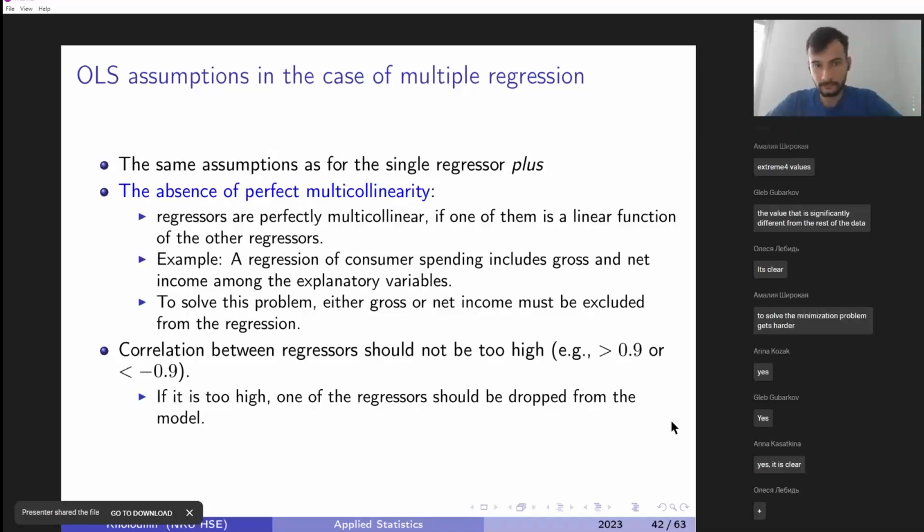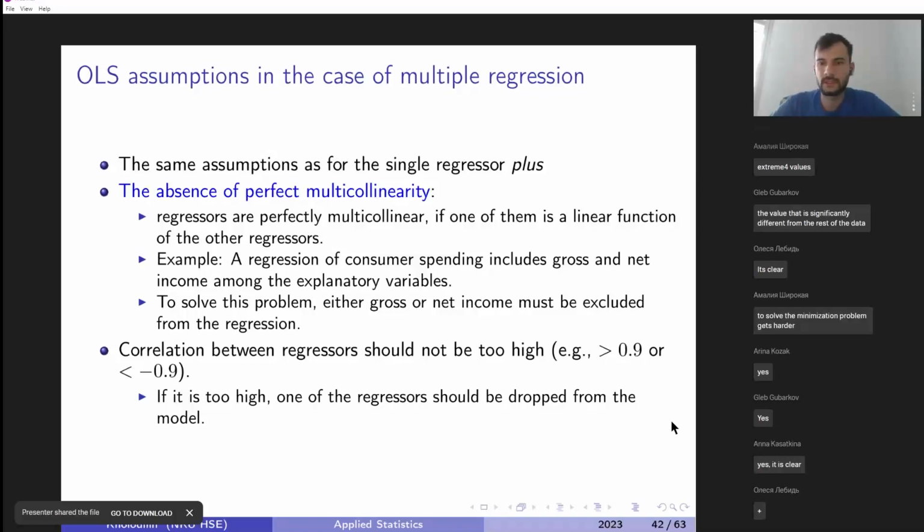And then we need to check that there is no strong correlation between different regressors. I think you can already guess one example of such a case. We already discussed one about age. When we are thinking about students in a bachelor program, if you increase your age by 1, then you increase your years of education by 1.